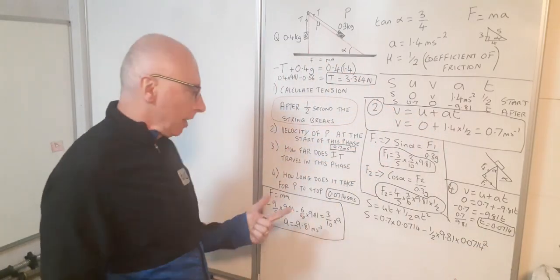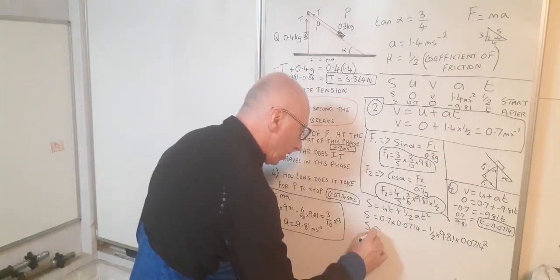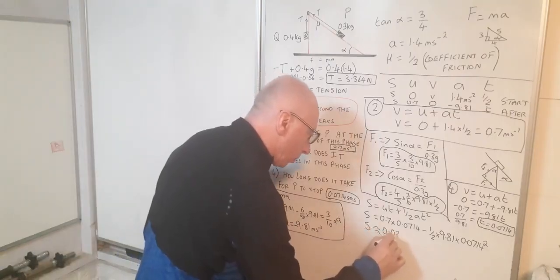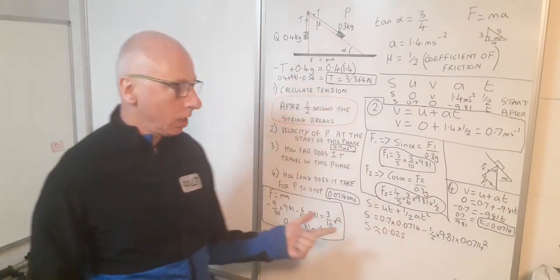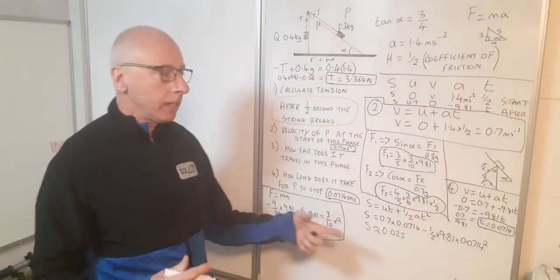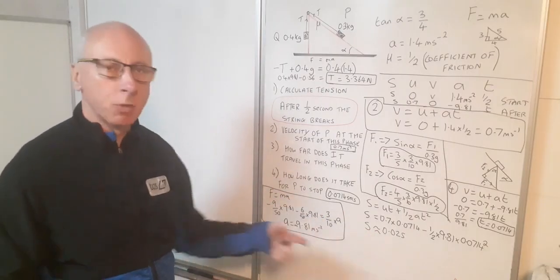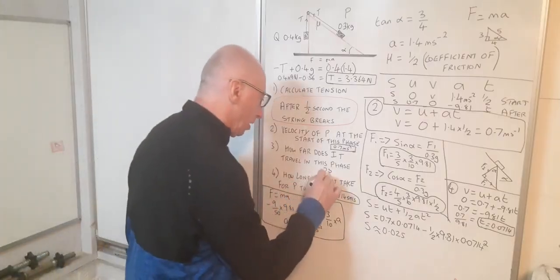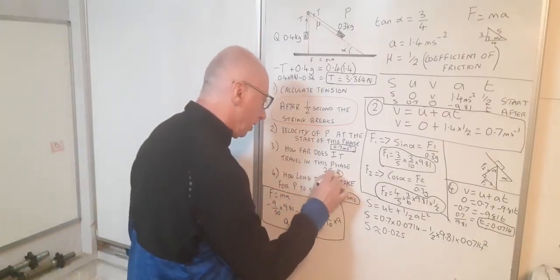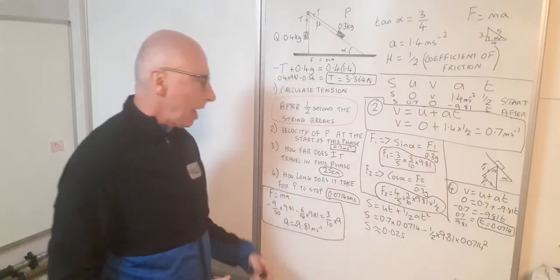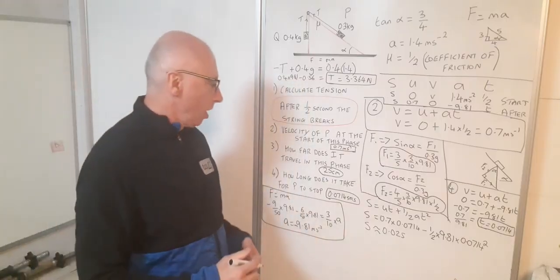Now if you plug that into your calculator, you'll get S is approximately 0.025-ish. Now that will translate in displacement terms, as displacements in meters, that will become 25 centimeters. So that's how far the particle will travel after the string snaps.